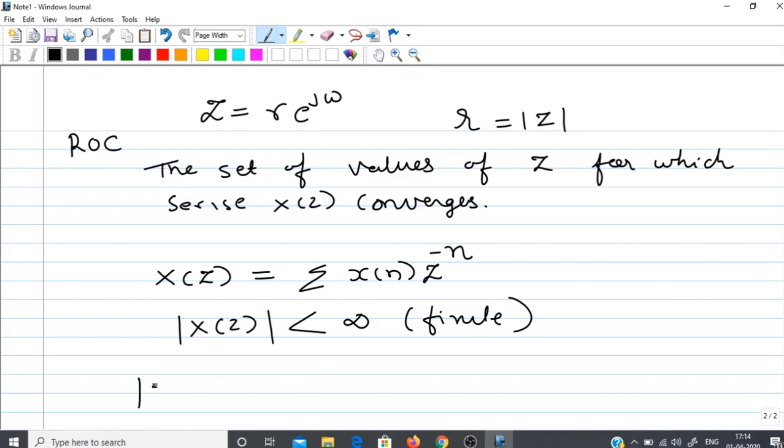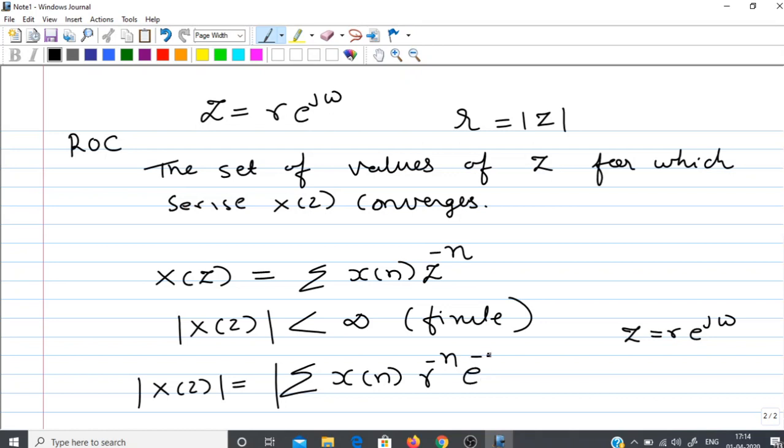This mod of X(z) would be equal to the mod of the summation of x[n], and now I can write z as r e to the power j omega, so I can write it as r to the power minus n e to the power minus j omega n. So the mod of this summation should be finite.